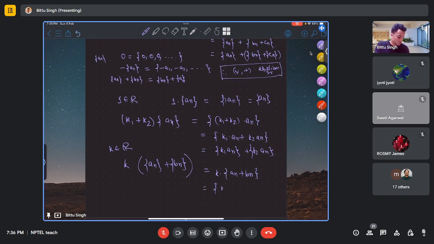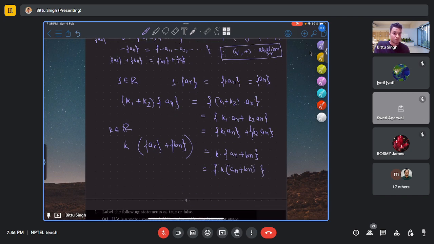But this is the same as k times an plus bn. Now by the distributive property of real numbers, this will give k times an plus k times bn. You can separate now.